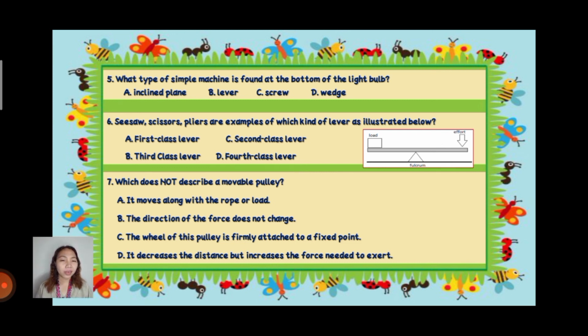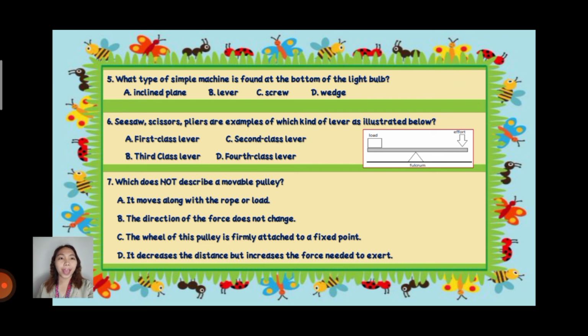Number 7, which does not describe a movable pulley? A, it moves along with a rope or load. B, the direction of the force does not change. Letter C, the wheel of this pulley is firmly attached to a fixed point. Or letter D, it decreases the distance but increases the force needed to exert.